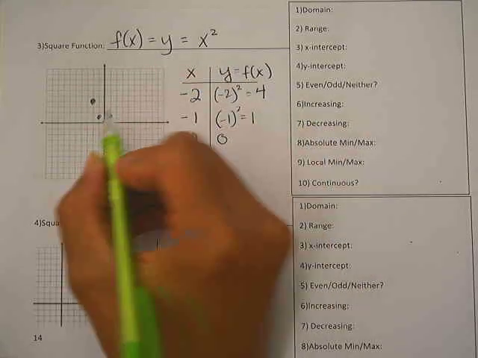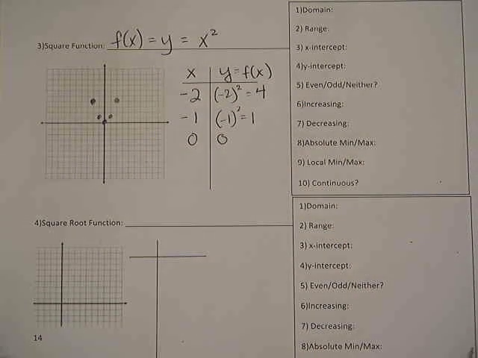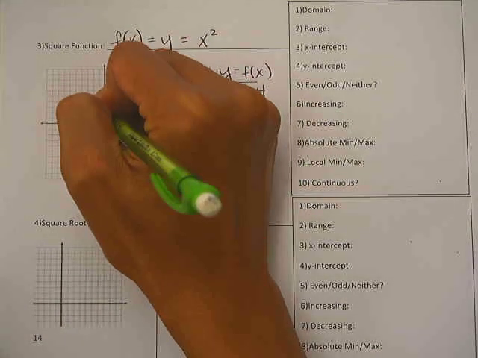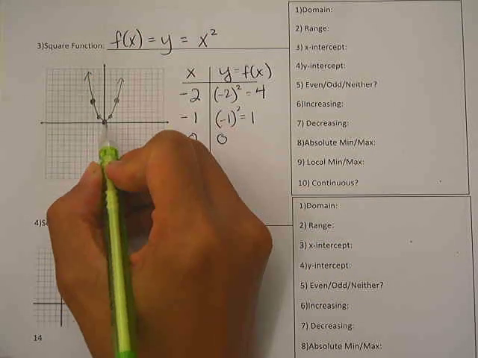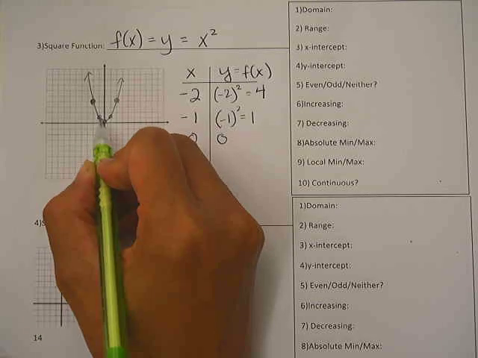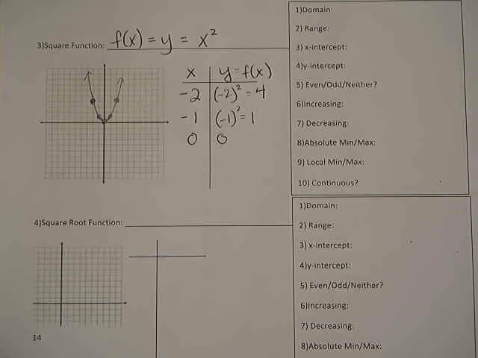Instead of -2, 4, I'm going to go to +2, 4. Now with those dots, I will connect them. Make sure the bottom is not a completely pointy shape. It should be rounded out a little bit. It's not a V, it's more like a U. So that is our parabola.